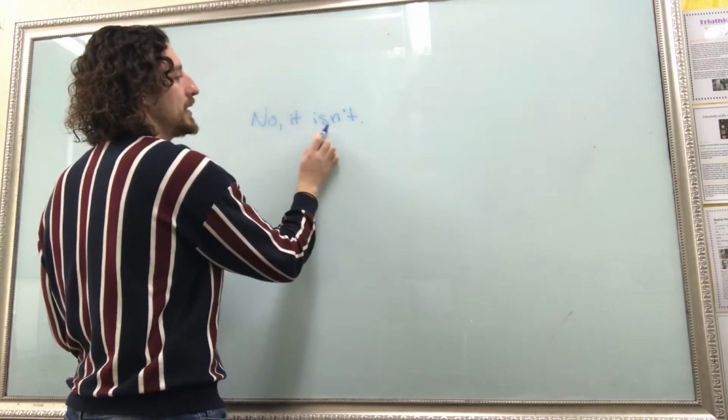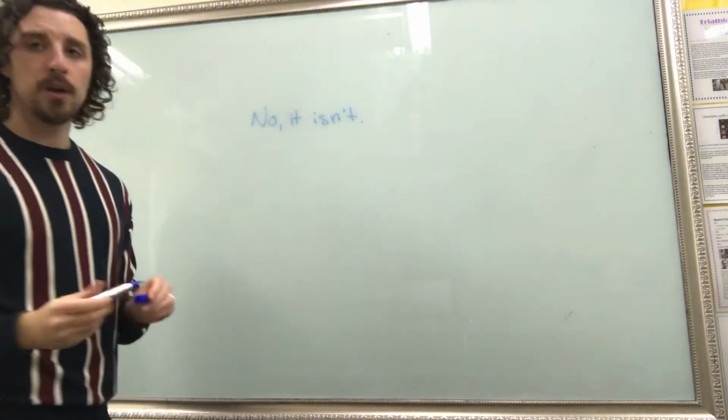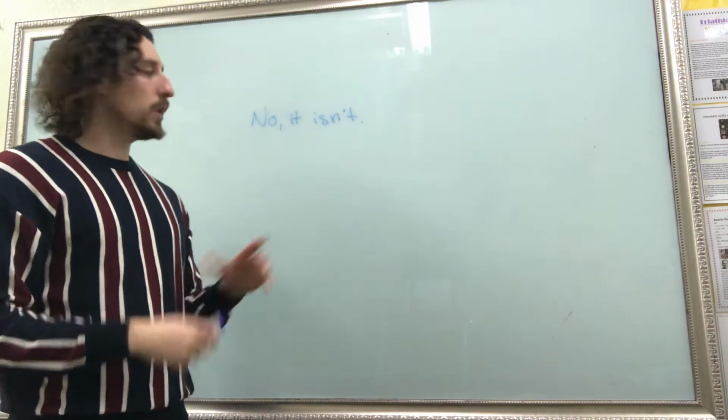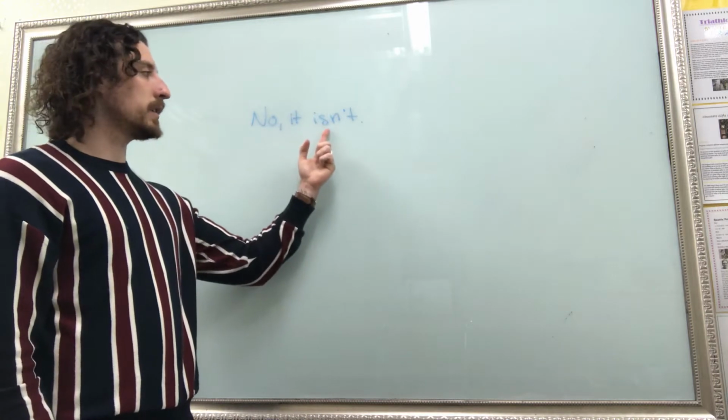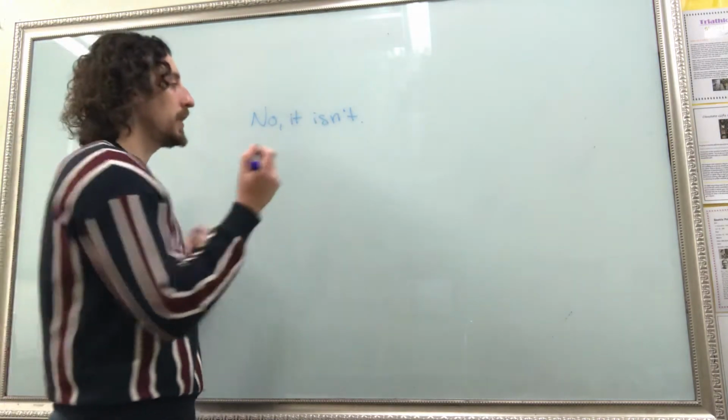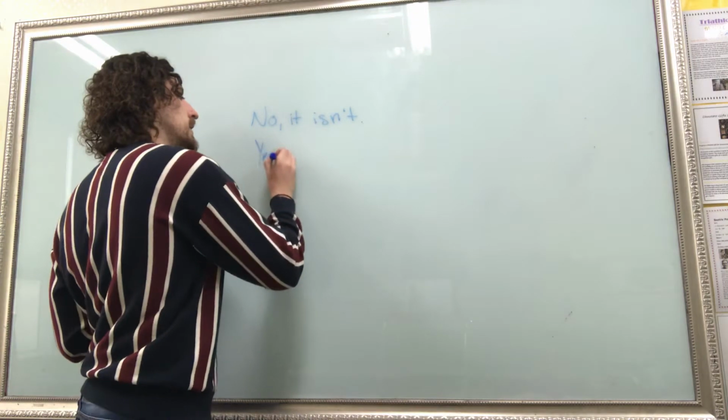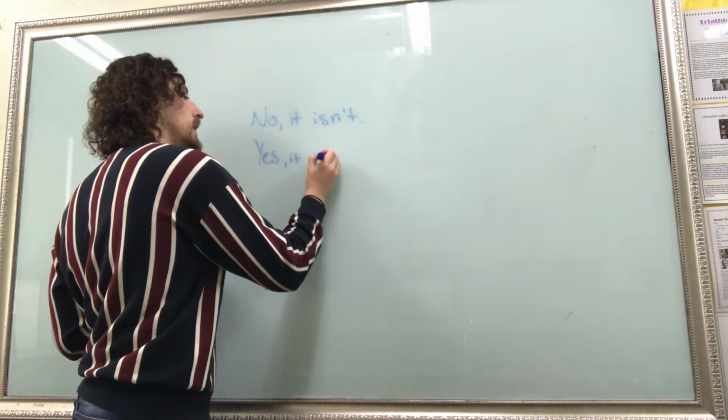Okay? I-S-N apostrophe T. So when the answer is no, we say no, it isn't. Okay? And when it is, we say yes, it is.